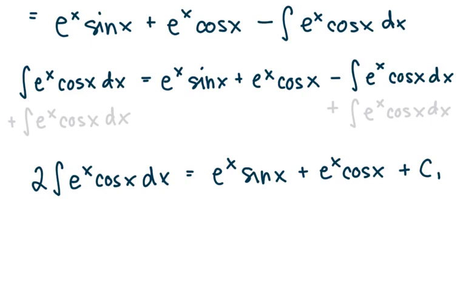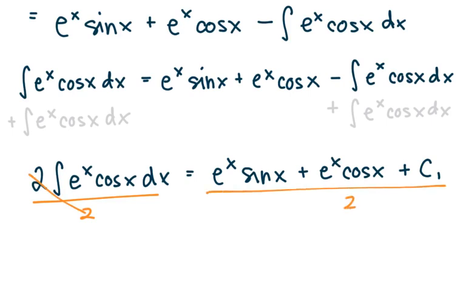I could call it c if I wanted, it's just we're going to end up with a second c value here, so we're going to write it in a special way. I've got plus some c value because this integral is equal to those integrations plus an arbitrary constant. So what I can do here is divide both sides by 2.